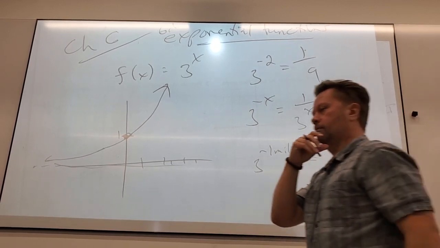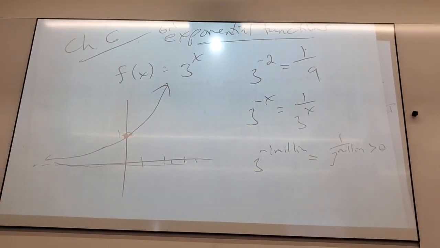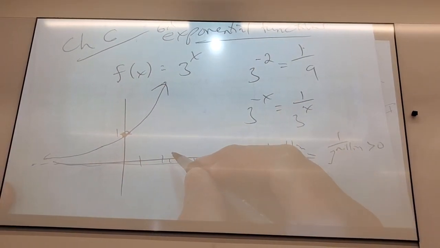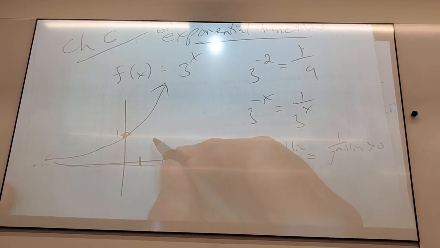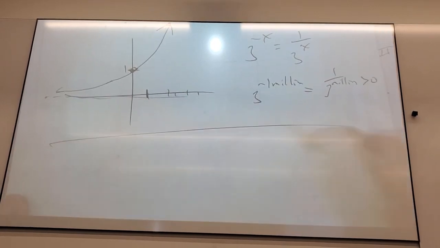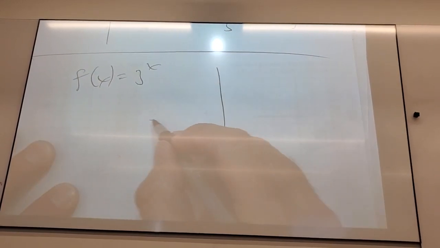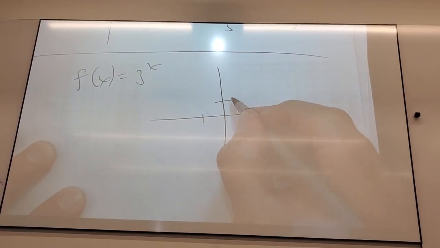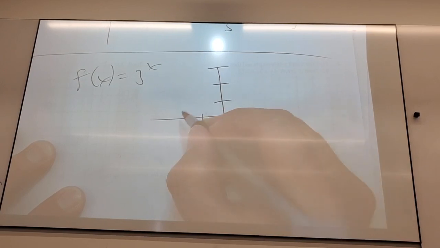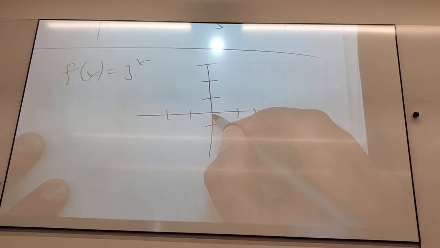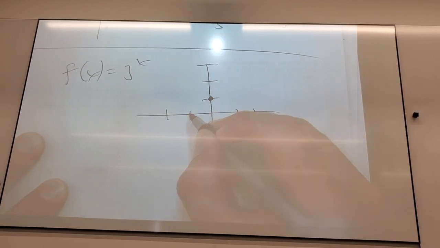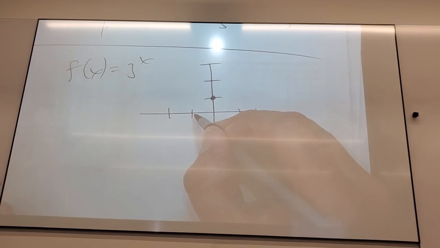So let me fill in a couple more specific points on my graph here. My scale is bad, so let's make a little bit better graph of 3 to the x. When I put a 0 in, I get 1. When I put a negative 1 in, what do I get?